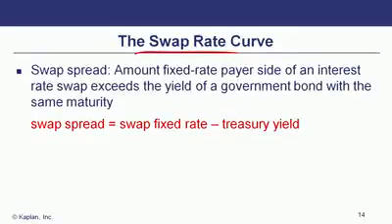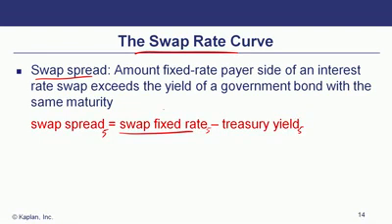Let's talk a little bit about swap rates, curves, spreads, that type of thing, just some general definitions. The swap spread is the amount by which the fixed rate payer side of an interest rate swap exceeds the yield on a government bond with the same maturity. So we're going to say, okay, what's the swap spread for 5 years? We get the swap rate for a 5-year swap, and we compare it to a Treasury with 5 years to maturity.